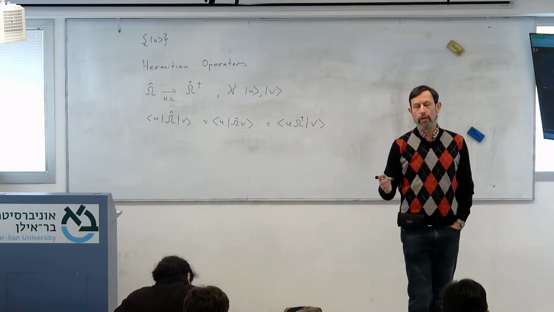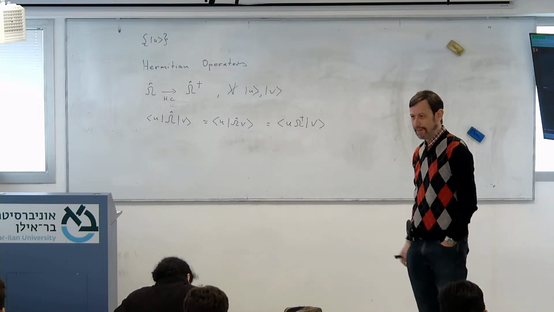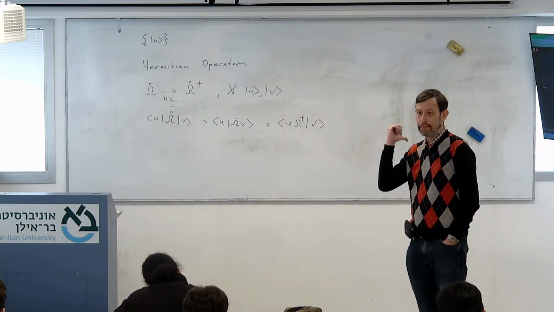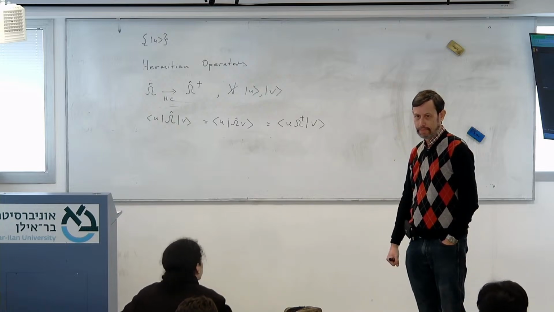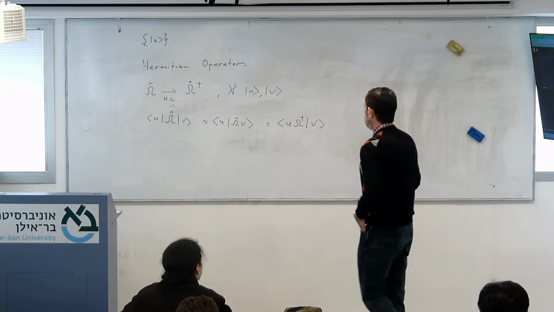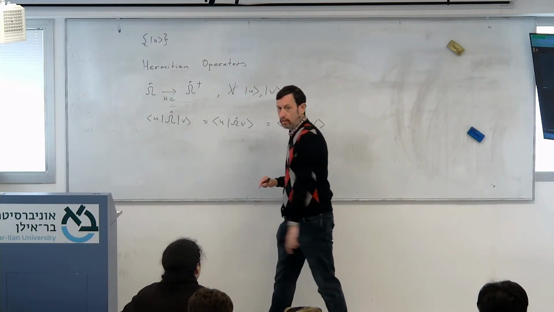The Hermitian conjugate works to the left instead of the right. And this must be equal.